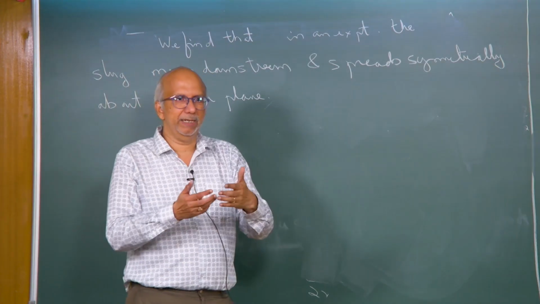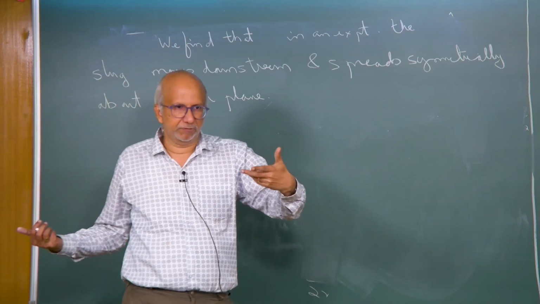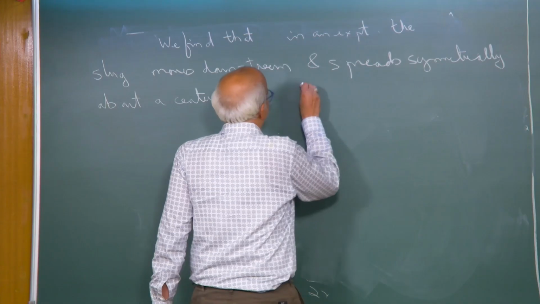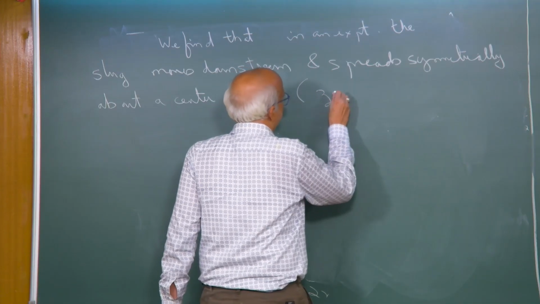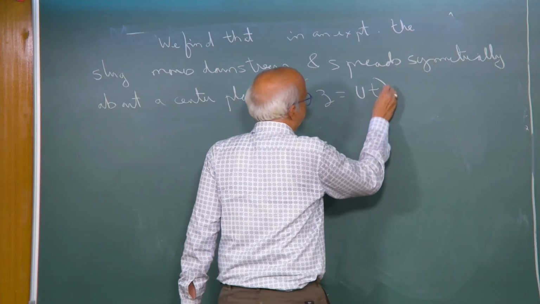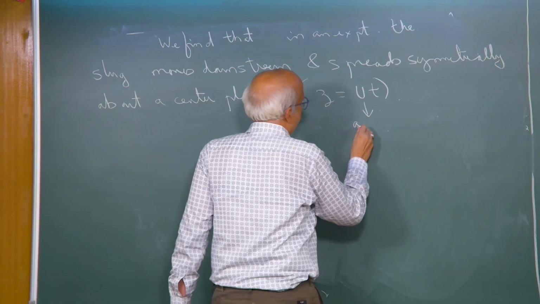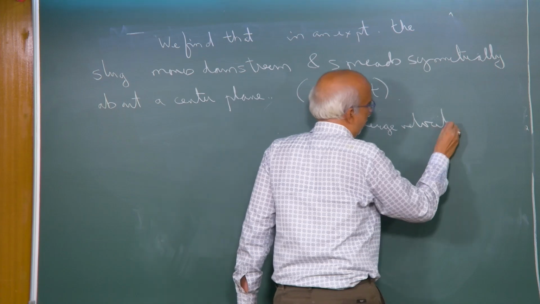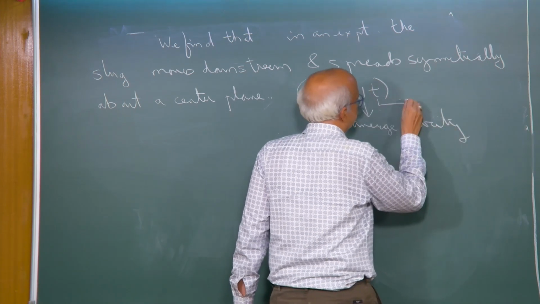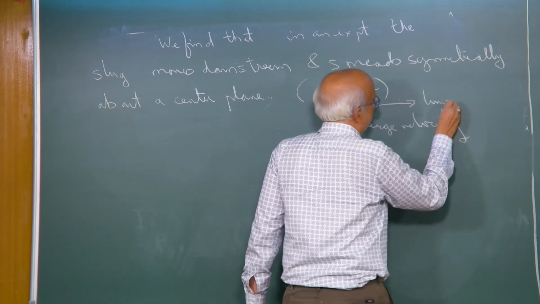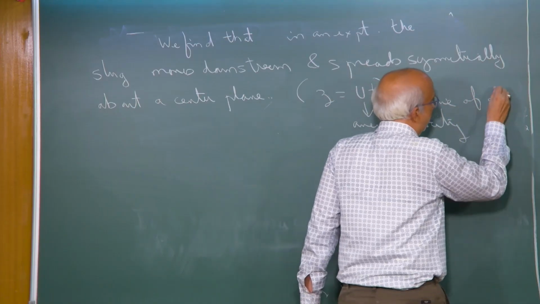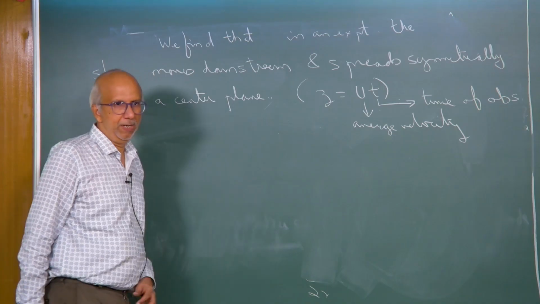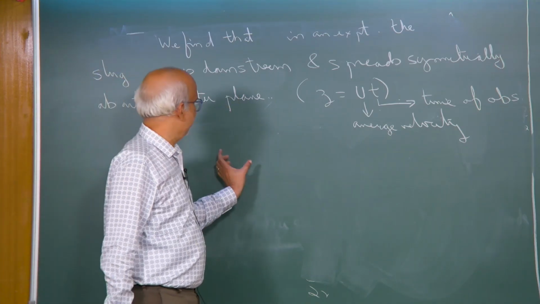Then you will see that the slug has spread both front and backwards, okay, about the central plane, which is at z equals ut. This is the average velocity and this is the time of the observation.